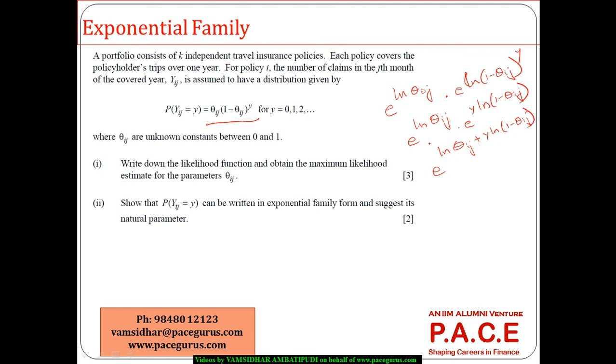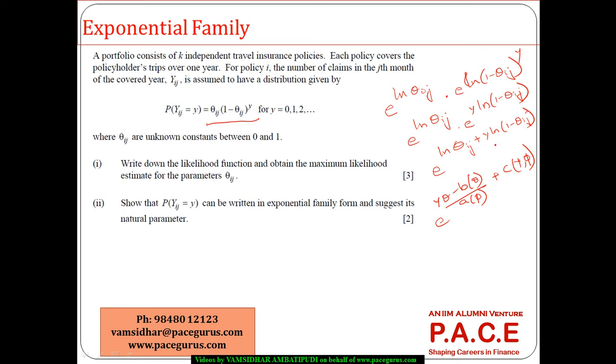Now, if we remember, the exponential family is of the form e to the power of y theta minus b of theta by a of phi, plus c of y comma phi. This is the typical exponential family that we are aware of.